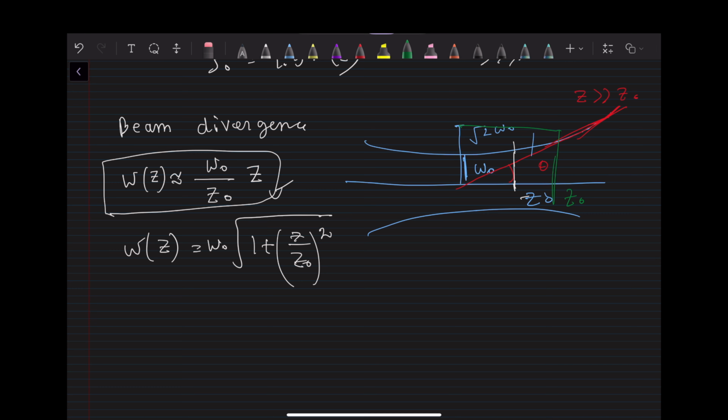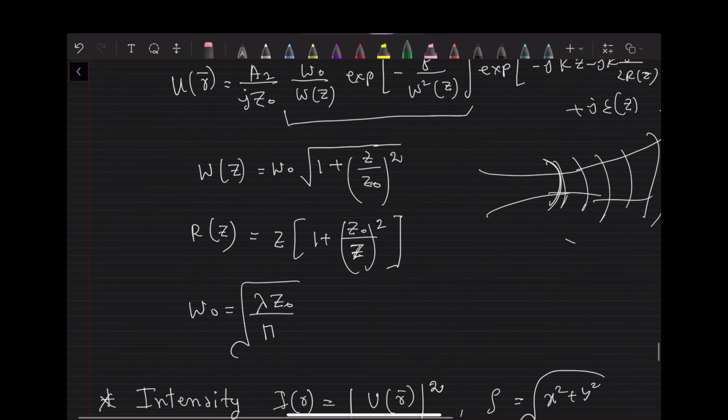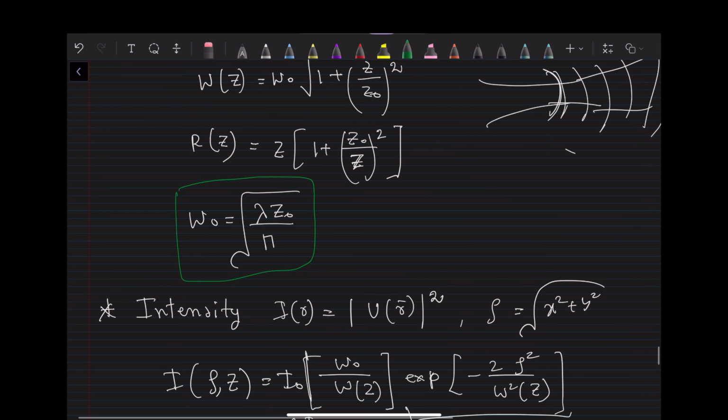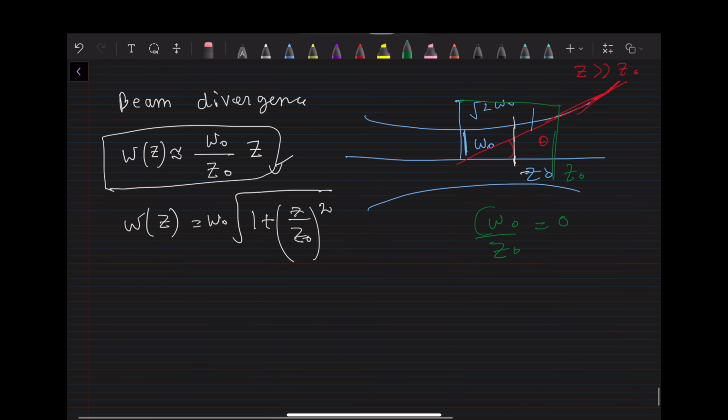So what we can do, we can use omega naught by z naught as theta, which is nothing but the divergence angle. And from the expression of omega naught and z, we had this expression, right? Omega naught is equal to square root of lambda z naught by pi. So we can just replace it here.